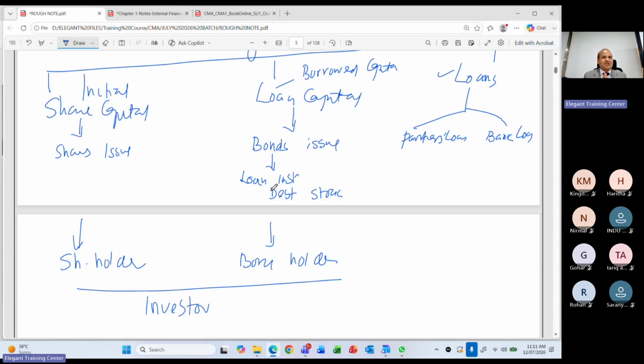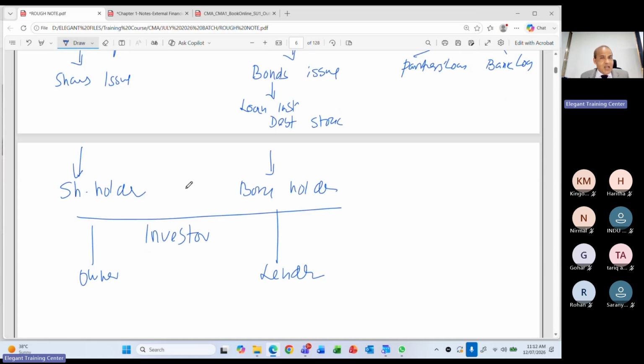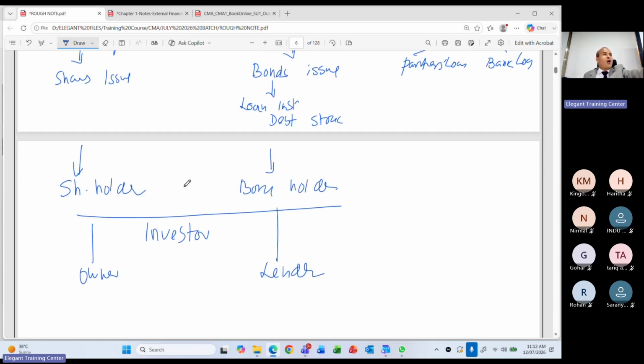In shareholding, you are called owner. In bond holding, you are called lender. As a shareholder, you are owner. As a bondholder, you are lender.